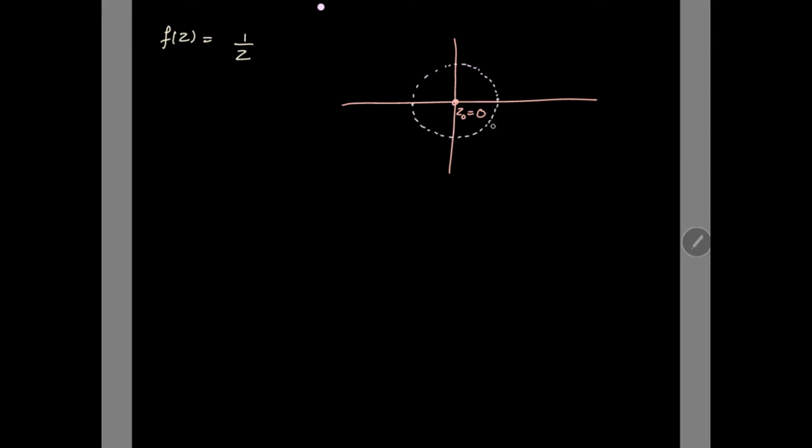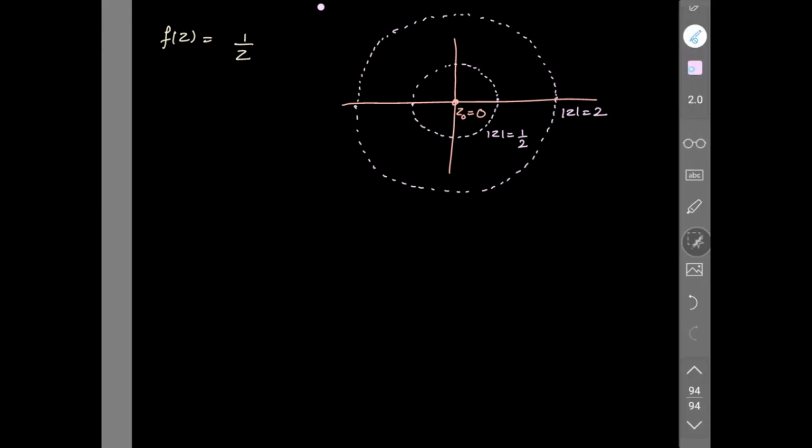Suppose I am taking this circle to have the radius 1 by 2, and one more circle I am drawing having the radius, let's say, 2. Right? Since the function is not analytic at 0.